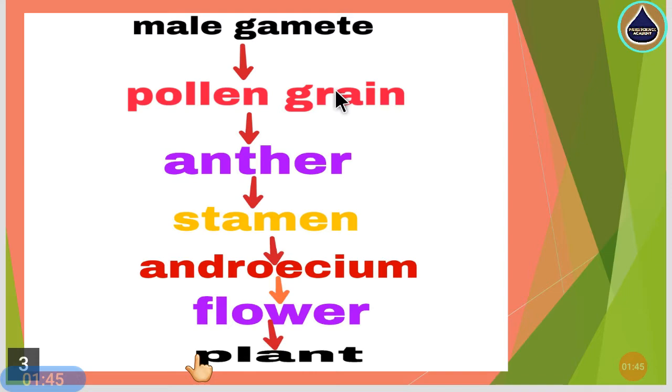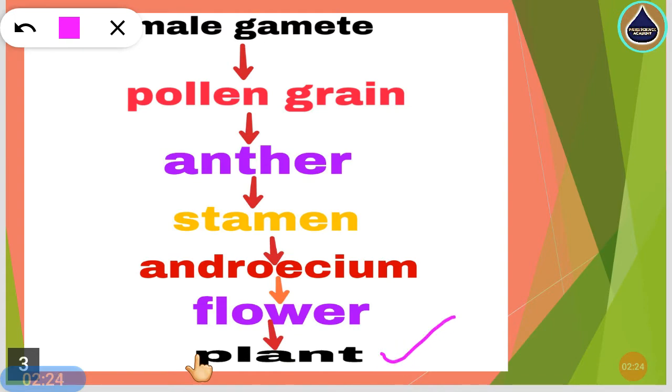This male gamete is formed in the pollen grain, and this pollen grain is found in the anther, and the anther is part of the stamen, and the stamen is part of the androecium, and the androecium is the male part of the flower, and the flower is part of the plant. So to know where the male gamete is located, we go from the bottom.